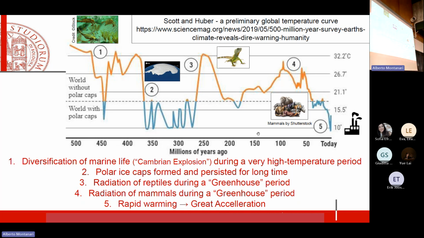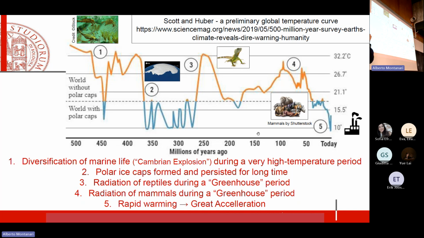And then we had the last glaciation, the Pleistocene glaciation, which lasted up to about, as I said, 11,000, 10,000 years ago. And then there was an increase of temperature during the Holocene. However, as we will see, during the Holocene, the temperature was quite stable.